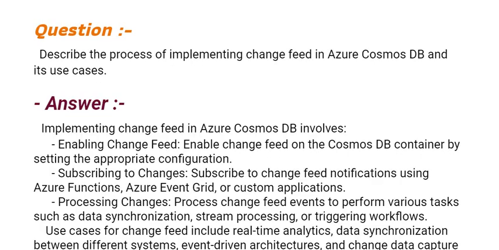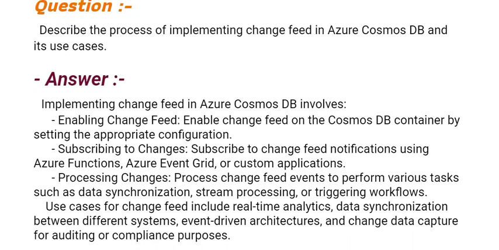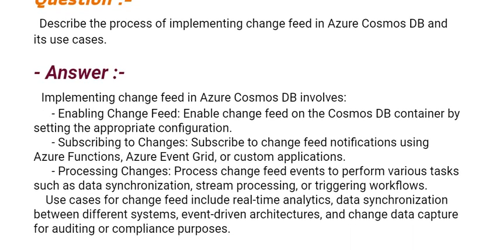Our next question is, describe the process of implementing change feed in Azure Cosmos DB and its use cases. Your answer should be: implementing change feed in Azure Cosmos DB involves enabling change feed. Enable change feed on the Cosmos DB container by setting the appropriate configuration. Second one is subscribing to changes.